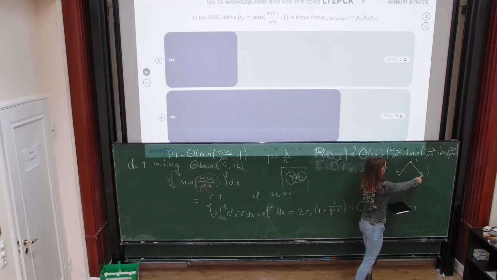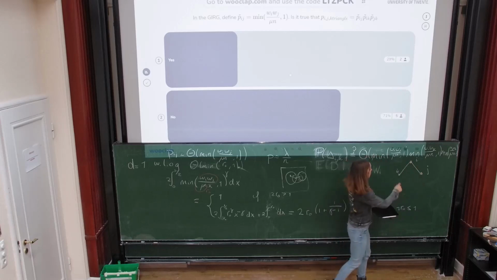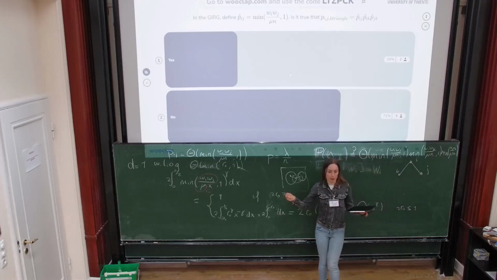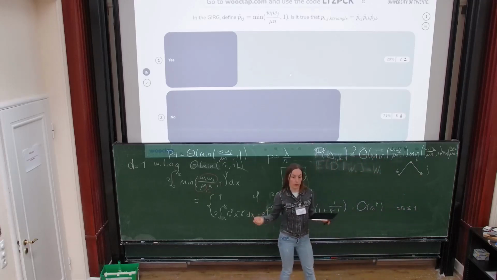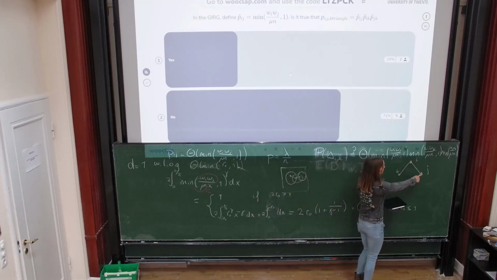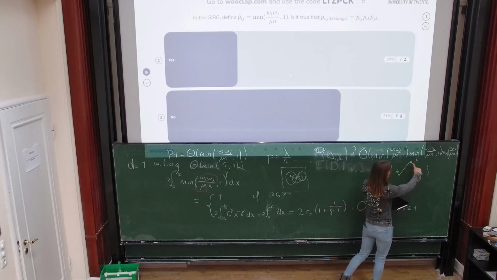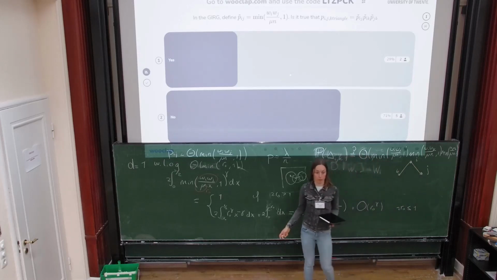Given that this one is connected to this one, it's also likely that these ones are close. So the distribution of the distance between these points is not the same as for two uniformly chosen points, because you have the extra information that they should be connected. By the triangle inequality, we already know that the distance between these two points cannot exceed something.